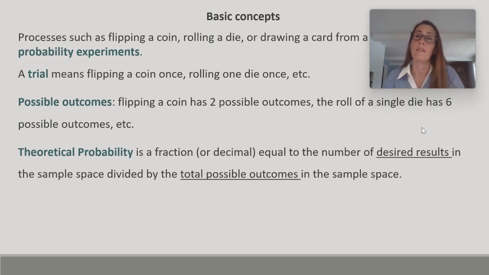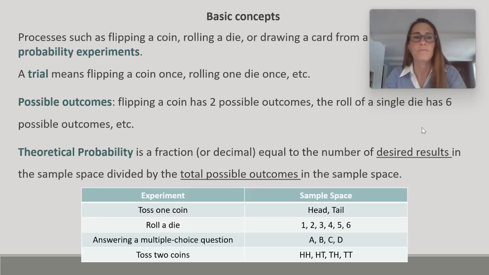So remember, probability is between 0 and 1, but you can express it either as a fraction or a decimal. And it is equal to the number of desired results in the sample space divided by the total possible outcomes in the sample space. Again, that's back to the idea of it being the relative frequency of the event occurring.